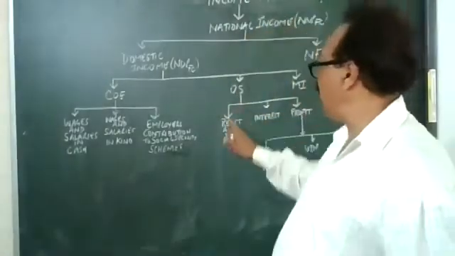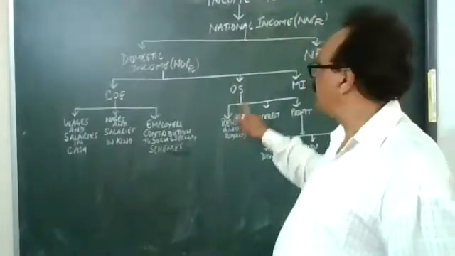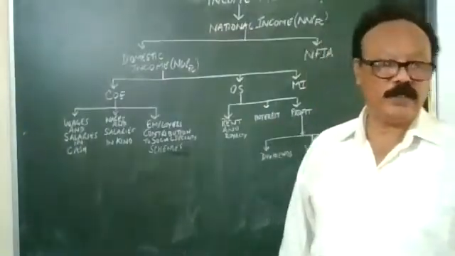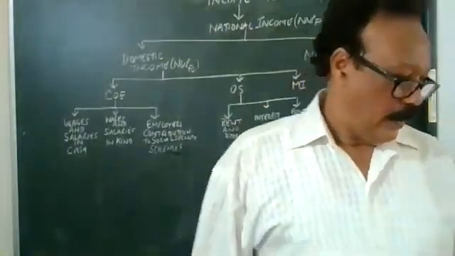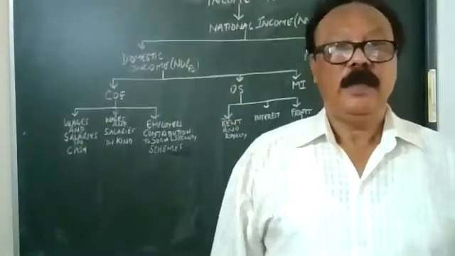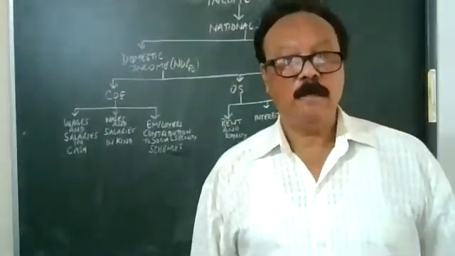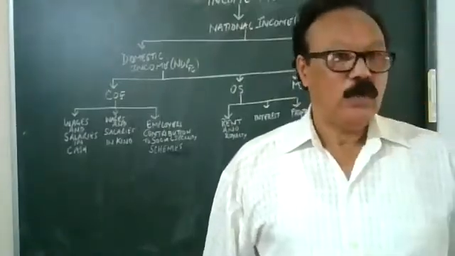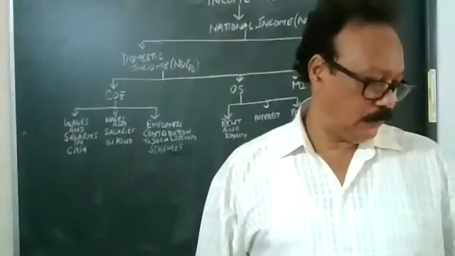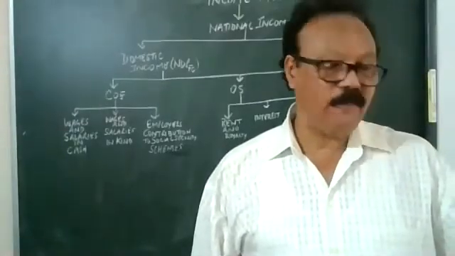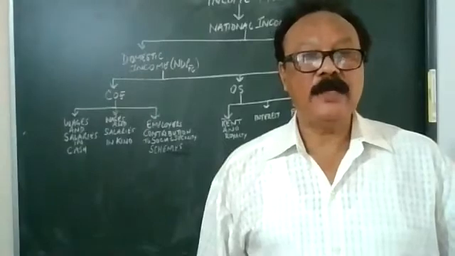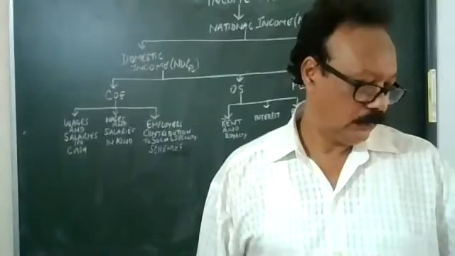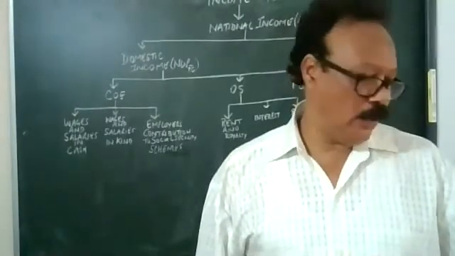This is rent and royalty, which comes under the heading of operating surplus. Second, interest. Interest is the amount payable to the owners of financial assets in the production unit.